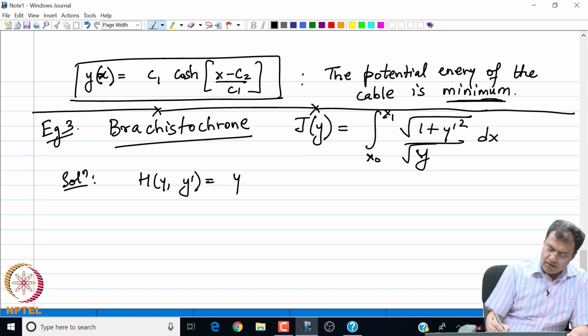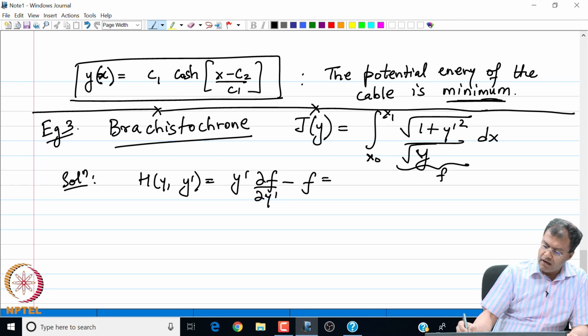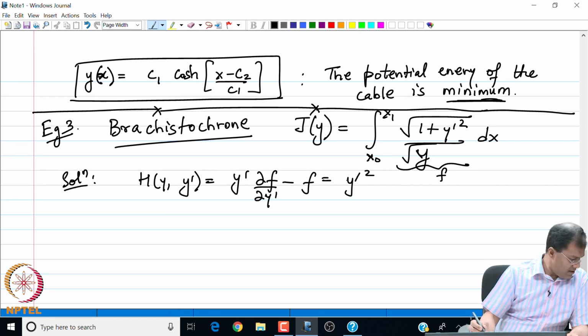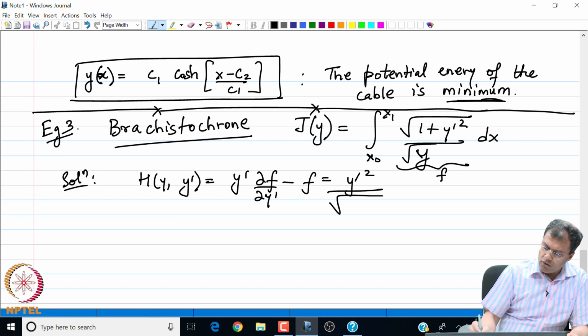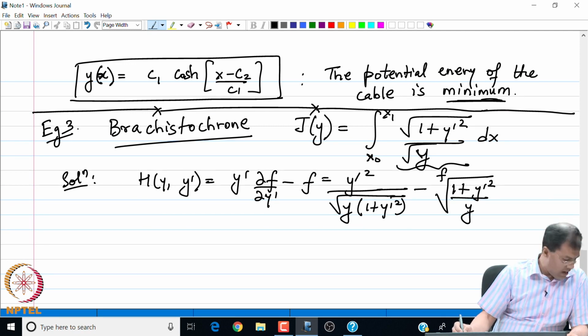So, what we see is that y prime times del f by del y prime minus f, where we just plug in this integrand, this is my small f, reduces to the following form: y prime square divided by square root of y times (1 plus y prime square), minus square root of 1 plus y prime square divided by y.